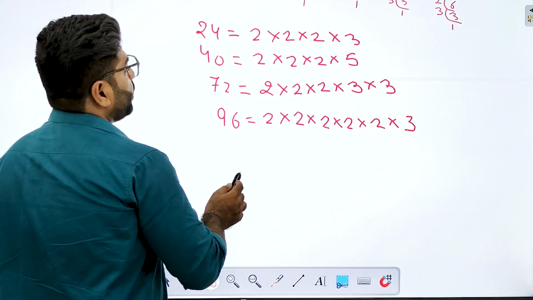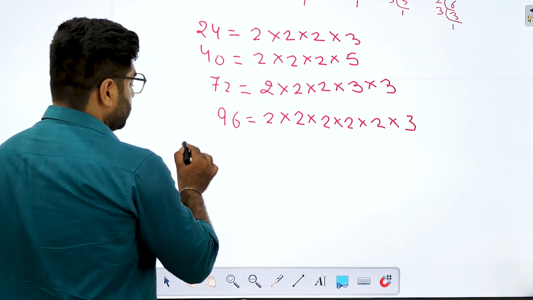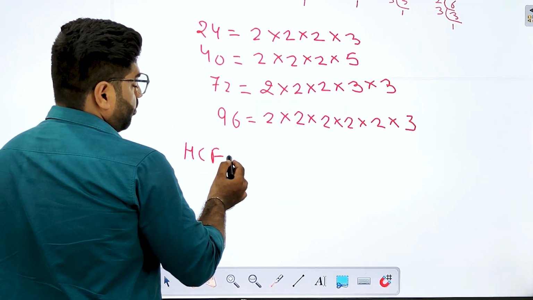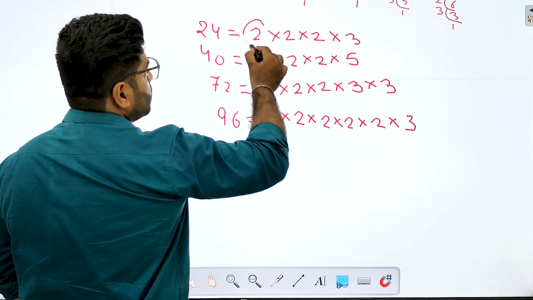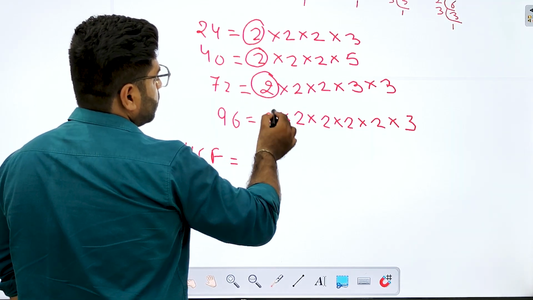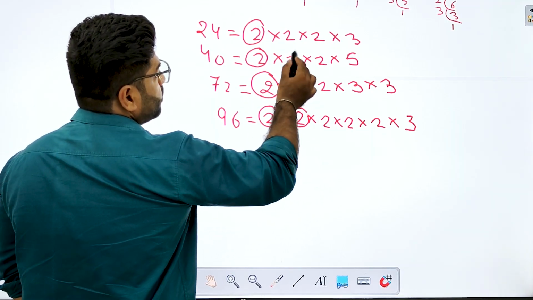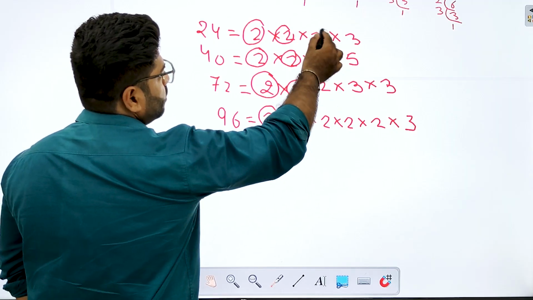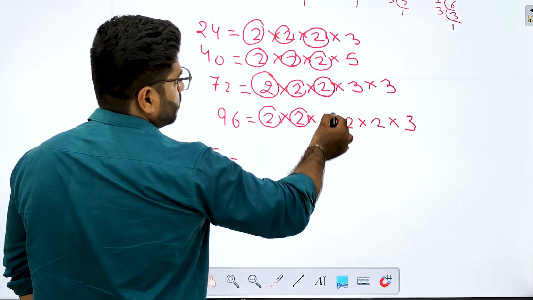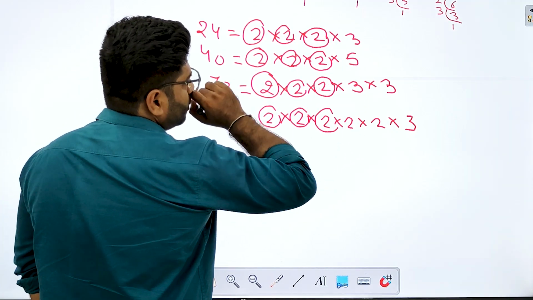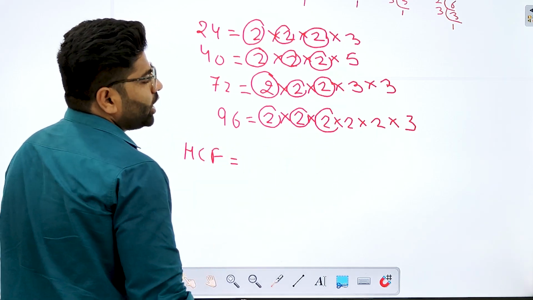Okay, now we have to find out the HCF of these four numbers. Okay, the first one is 2, then again 2, and I think one more time is 2, and 3. This number doesn't carry 3.